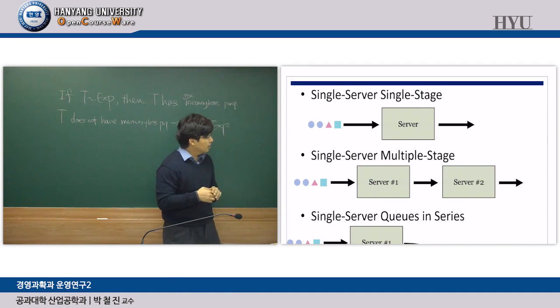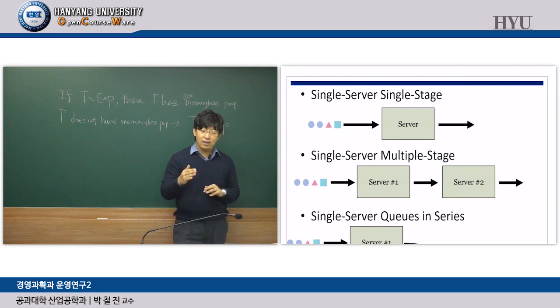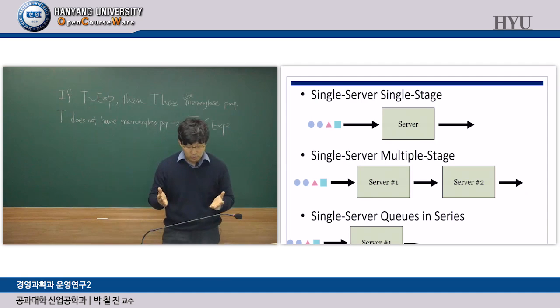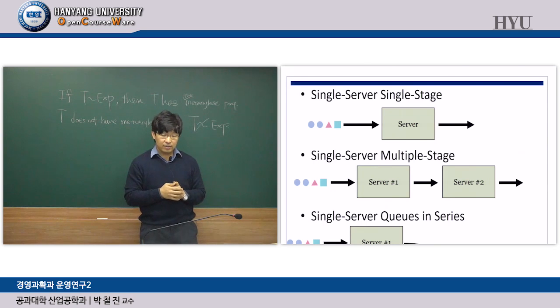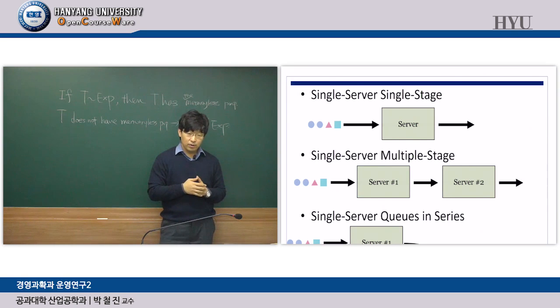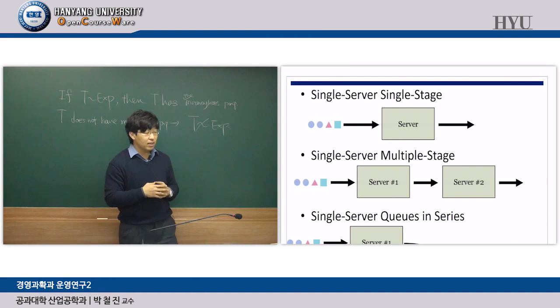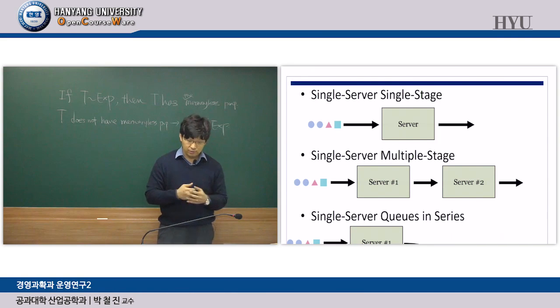Single server queue in series, like in the university hospital. If you want to see a doctor, first you need to check in, and then in front of the doctor's office, you need to wait also.